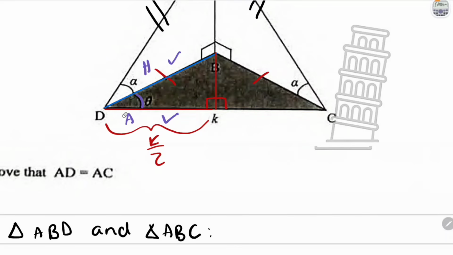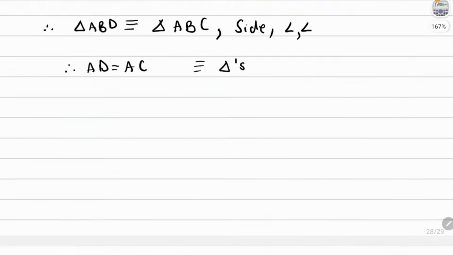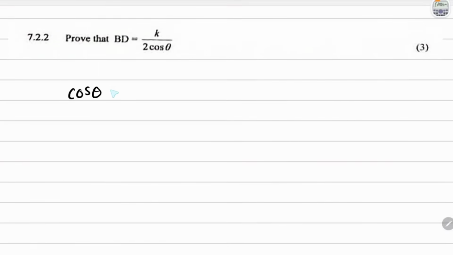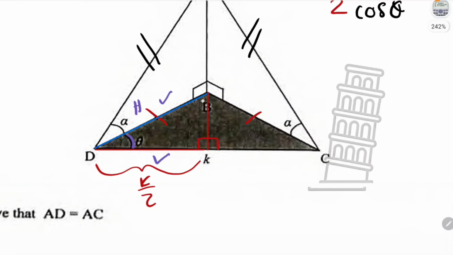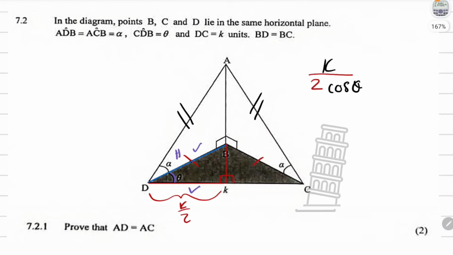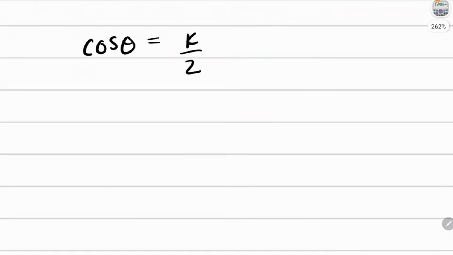My adjacent side is K over 2, over your hypotenuse, which is BD.